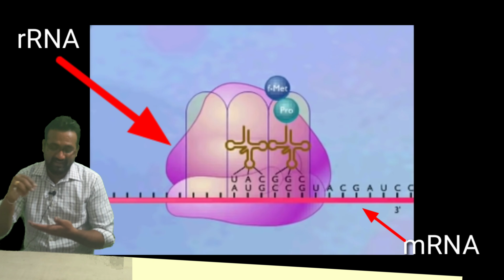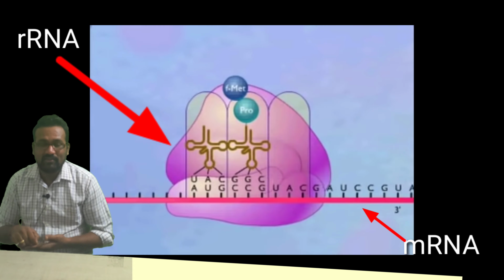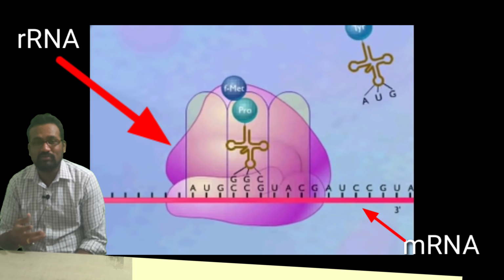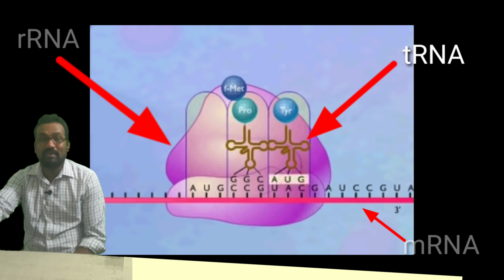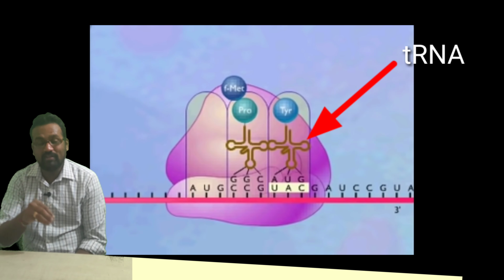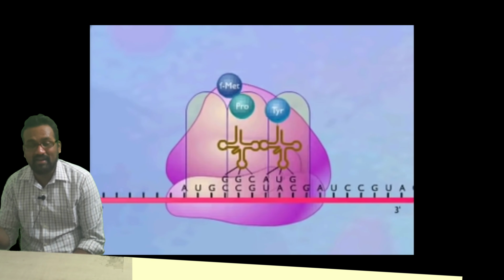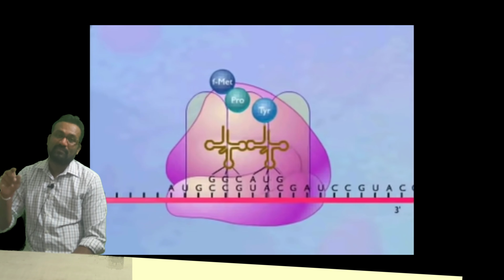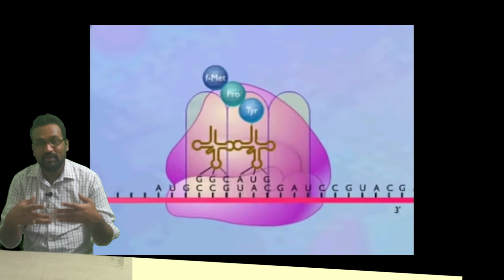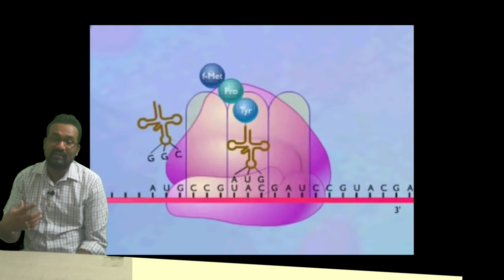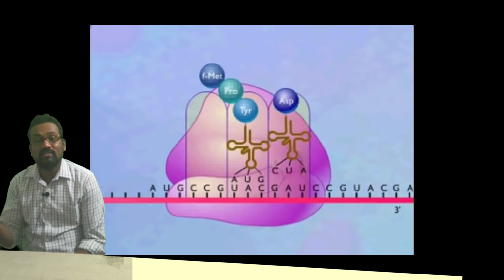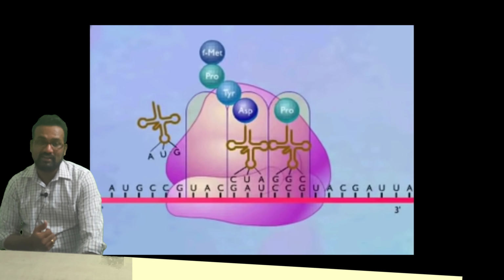So the rRNA reads the information on mRNA. Why does it read the information? Because the tRNA brings the amino acid for the information present in mRNA, and in this way all amino acids brought by the tRNA are joined together. In this way protein synthesis takes place inside the cytoplasm.